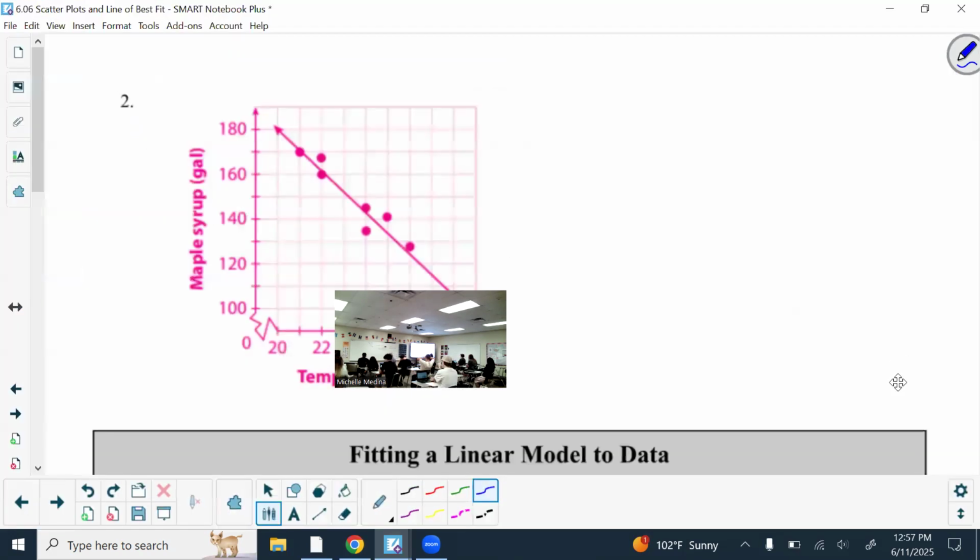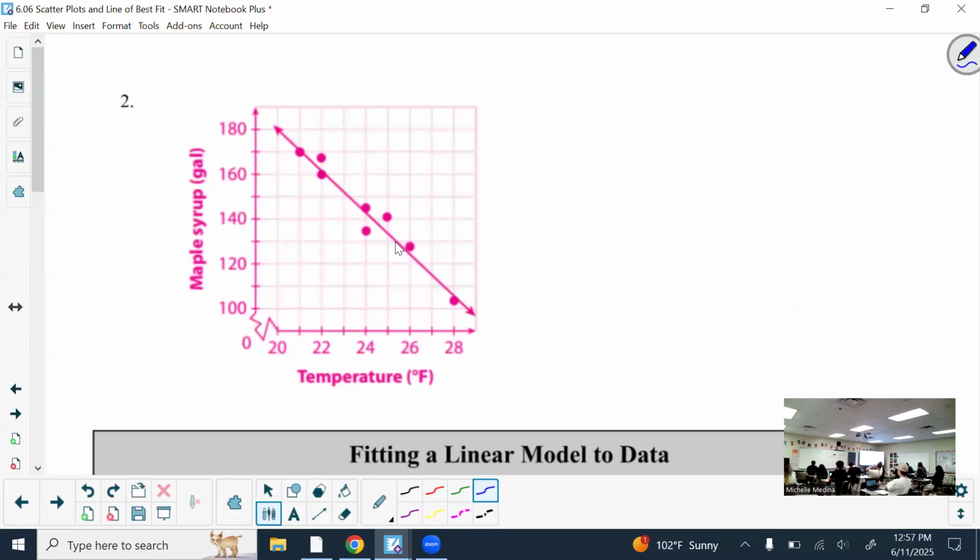If this was me, because you can't draw a line on your computer to see where it touches the grid lines, I would recommend making a table of values by estimating the dots.